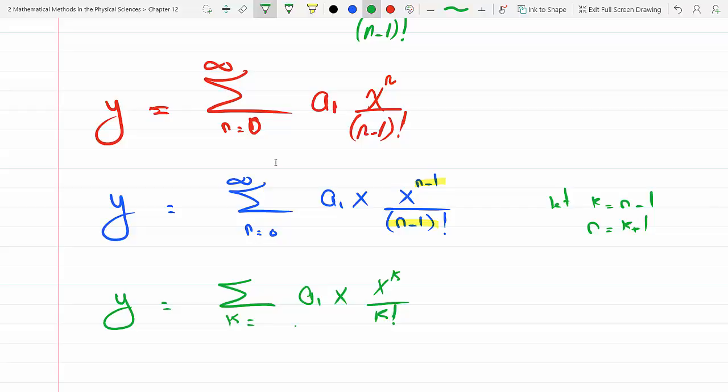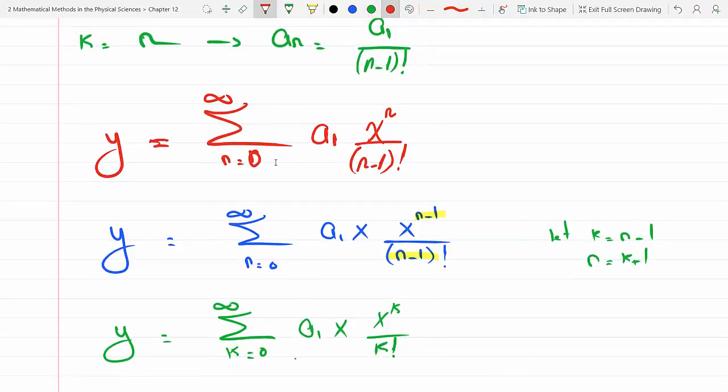Okay, so this is just another way of relabeling that. And here, if k is 0, we get a1x, because 0 factorial is 1. So we could start this from 0 to infinity.